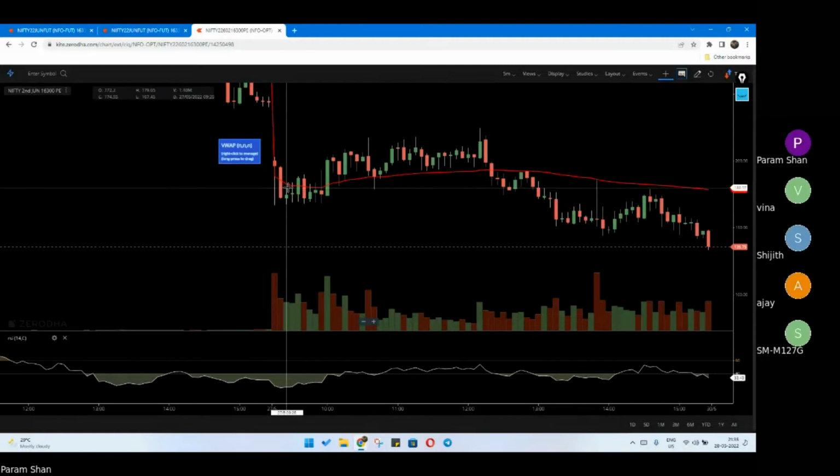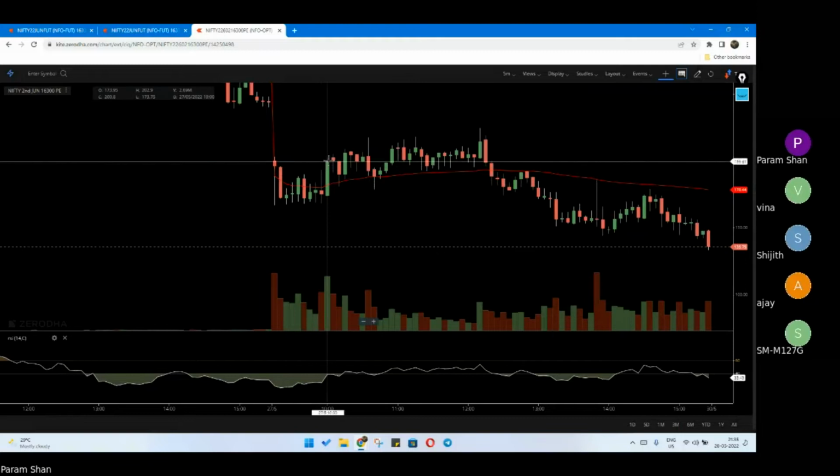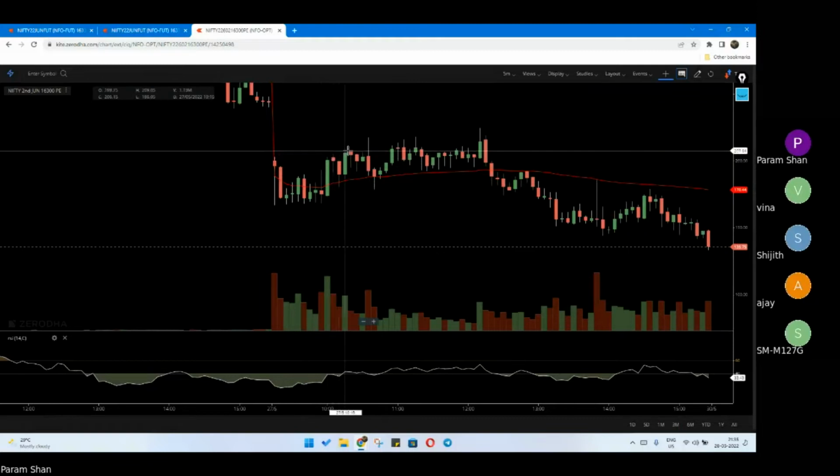If you have taken this breakout at 180, we should be getting 210, right? So did you get the 210? You got 210 or 217 around 10:15. If we have waited for another 15 more minutes, the high of this candle is 217. But let us take the smaller portion only. At 10:15, what happened?